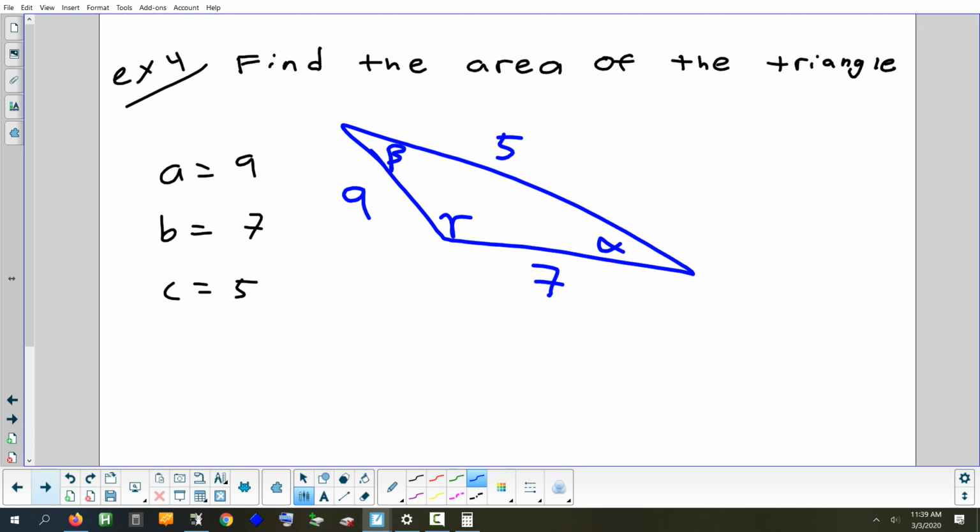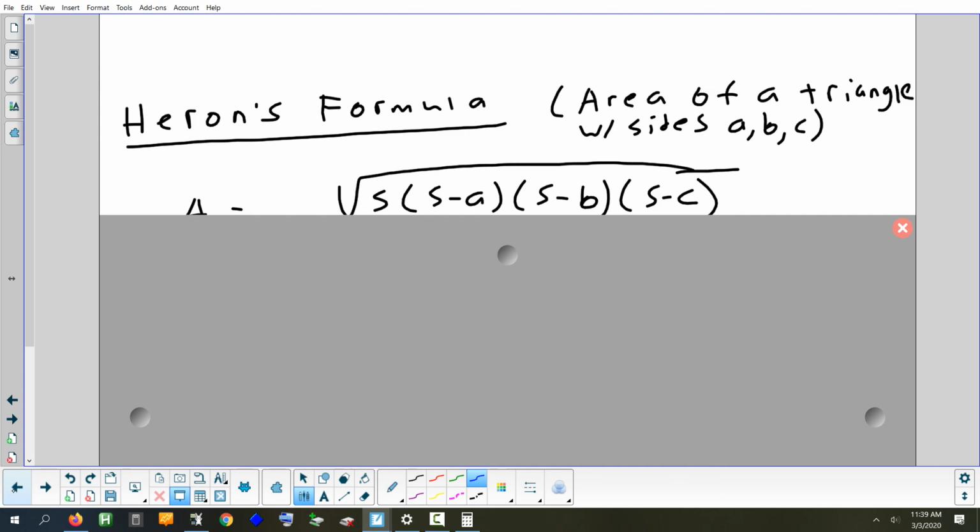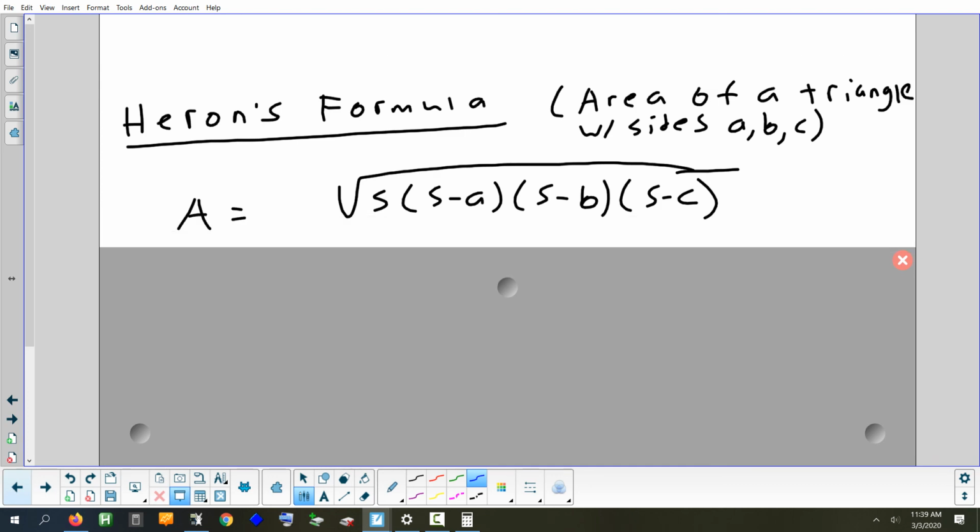Using the law of cosines. Would it matter which angle you find? Well, no. You know all sides. As long as you know two sides and the angle between them, you could do 1/2 the product and solve for gamma using law of cosines, or beta or alpha. That would work. But there's a quicker way to do it, and that's to use this formula.